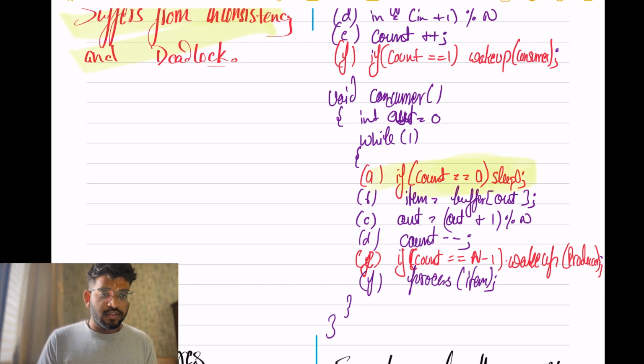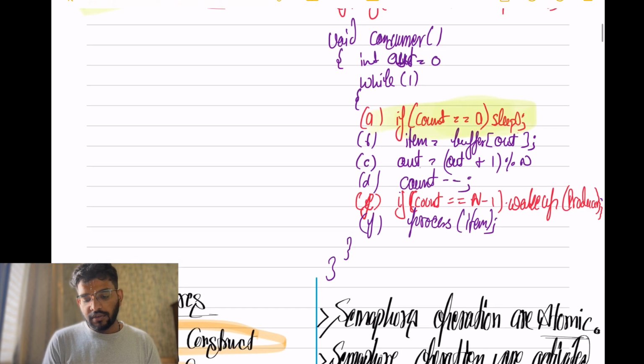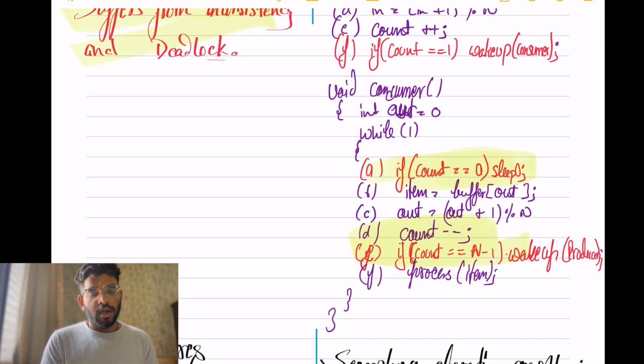The consumer thinks that the buffer is empty, which is the reality, and it will not wake up the producer because it already reduced the count by one, and it does not execute the statement of wake up producer because at that time the producer was already awake.